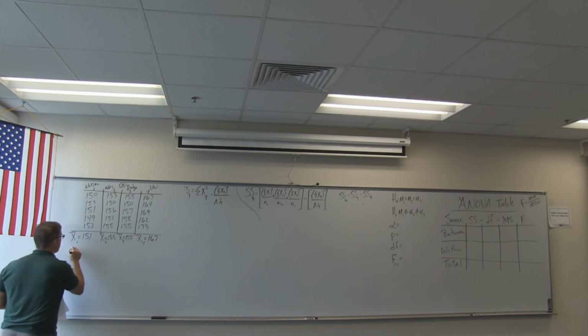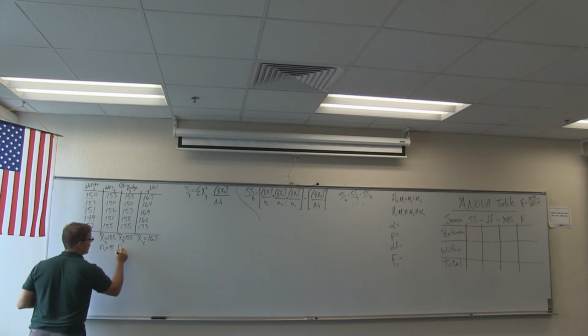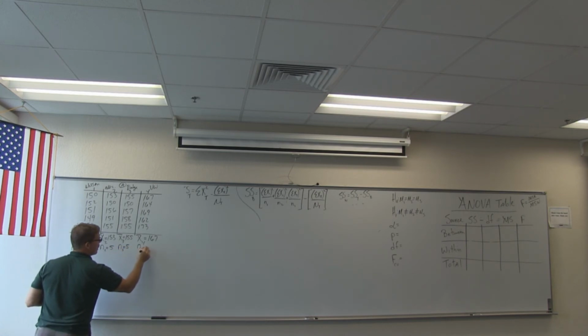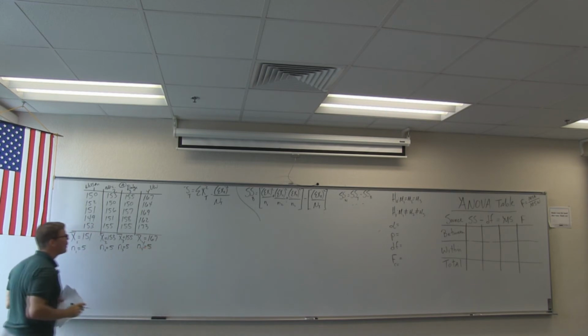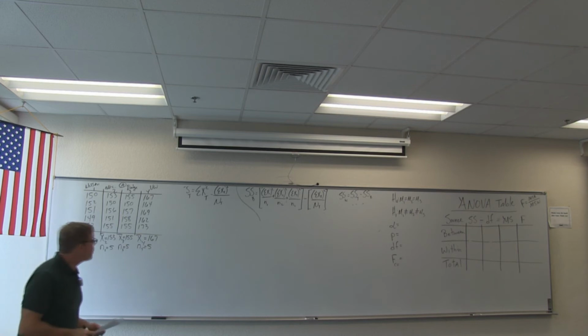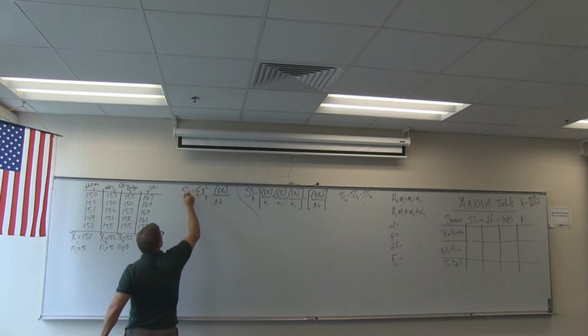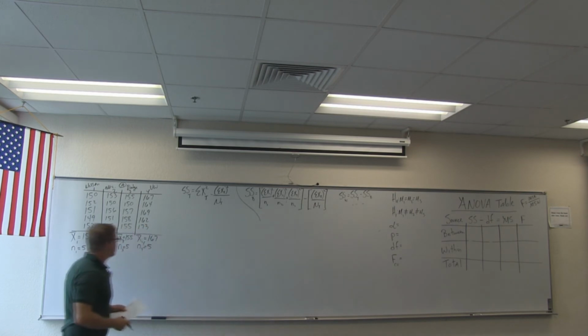And we have 5 minivans in each group, so our n's are all 5 in this case. The dependent variable is braking distance.